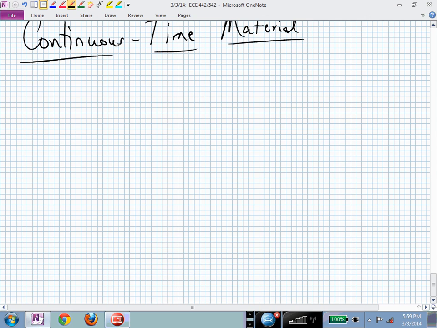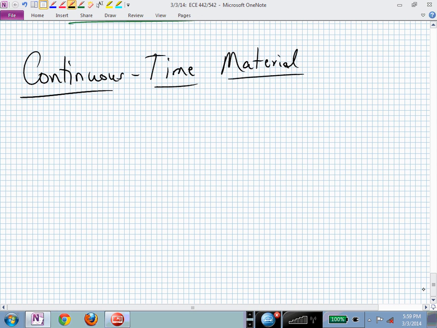Continuous time material. First, what I want to do is start with a second order system, and it's going to be underdamped, an ideal underdamped second order system. Go to your car and start it bouncing, and then it will shake for a little bit, probably not very long, unless you need new springs.